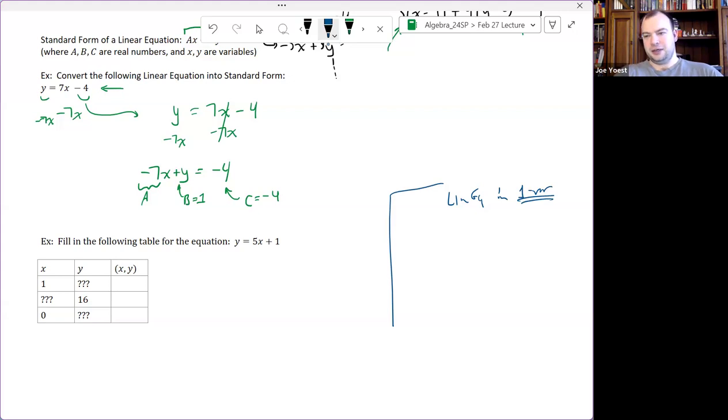If I had, say, 5x minus 2 equals 3, the question that I'm asking is, what value, or perhaps values, could I substitute in for the variable x that will yield a claim that is true?